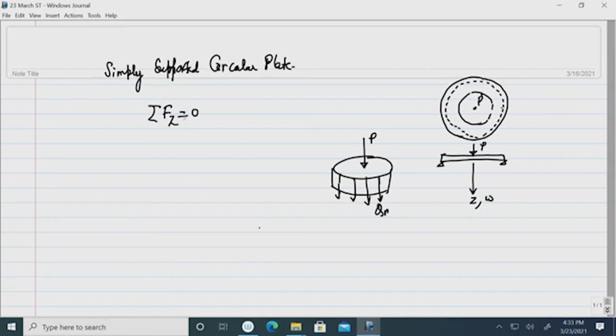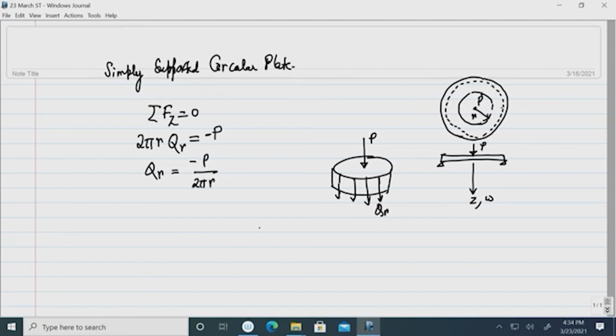So, taking the equilibrium of forces, summation of forces in the z direction to be 0, we now get 2 pi r q_r, because we take this slice at a distance of r, equal to this P. Both are taken downward, so it will be minus. So, q_r is now equal to P by 2 pi r with a minus sign. Okay. So, this is the q_r.